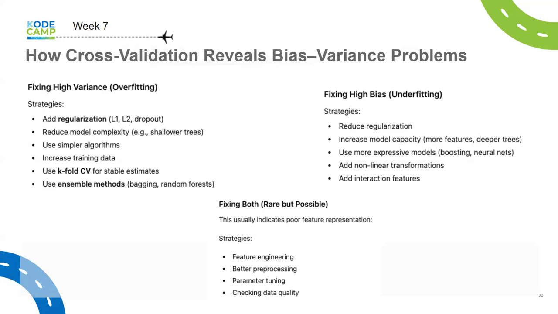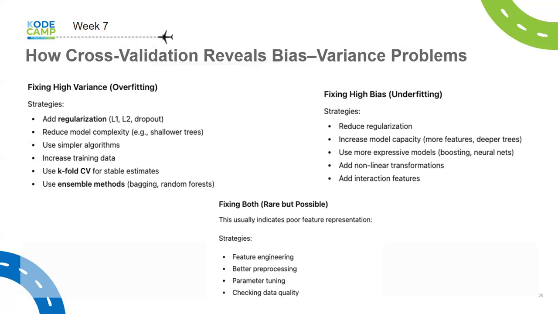Add more features if it's available in the data set. If not, do feature engineering to add more features, right? Increase the depth of the trees, increase the number of estimators in random forest, and so on. Increase the order of polynomial in linear regression, and so on, right?